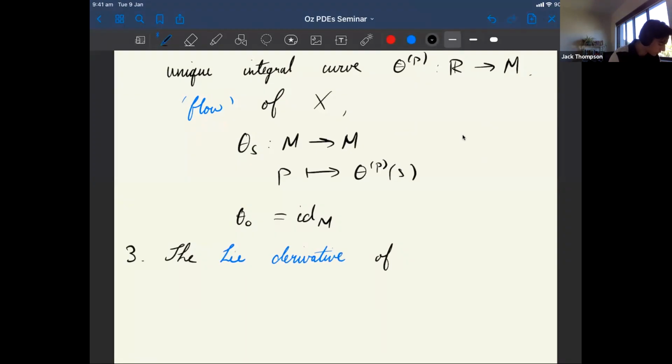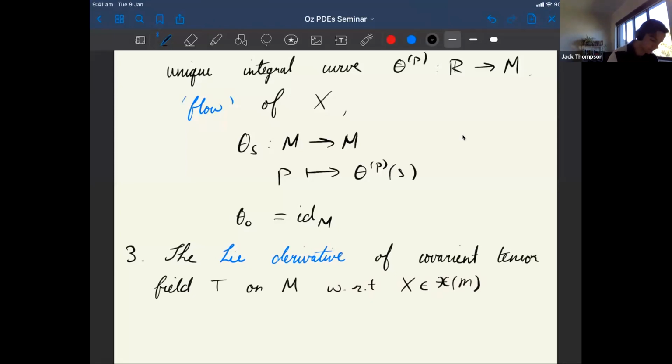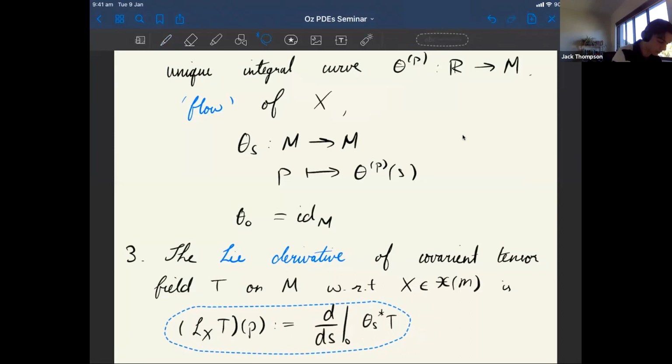The Lie derivative of a covariant tensor field T on M, with respect to the vector field X, is the following time derivative, and I'm going to define what the star is in a moment.